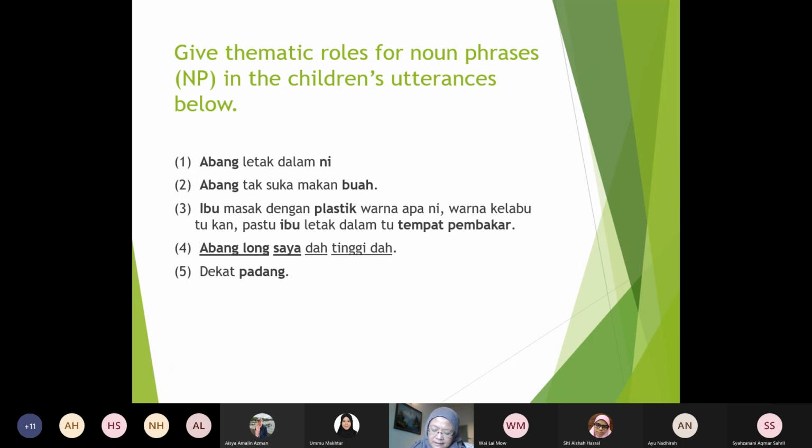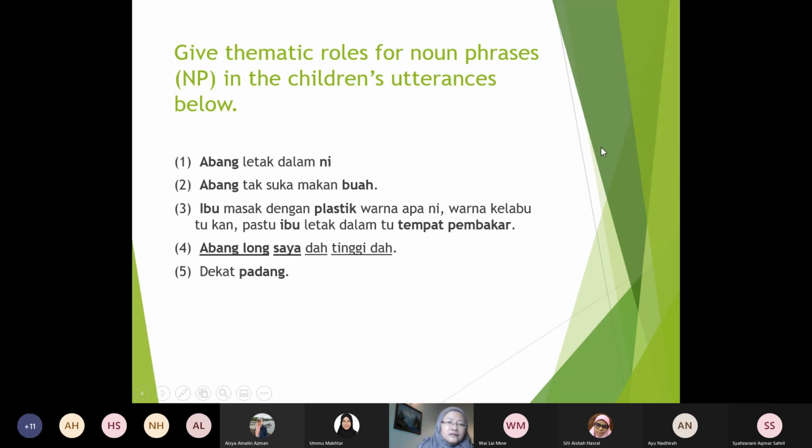I'm just saying if you have a VV, masak guna, then plastic becomes an object of the verb. Then it is a theme. Tapi kalau you kata masak dengan plastik, then definitely dengan tu signaling alat lah. Okay. Tak apa, kalau you boleh justify, objek tu boleh terima jugalah, ya.